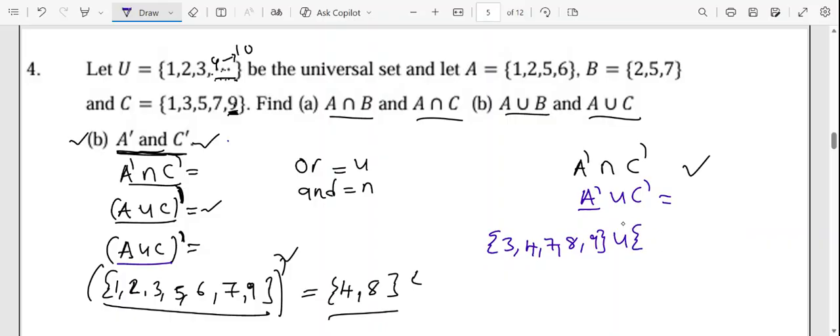So what are those in C that are not found in A? Two, four. What about six? Yes, we have two, four, six, eight, and nine.